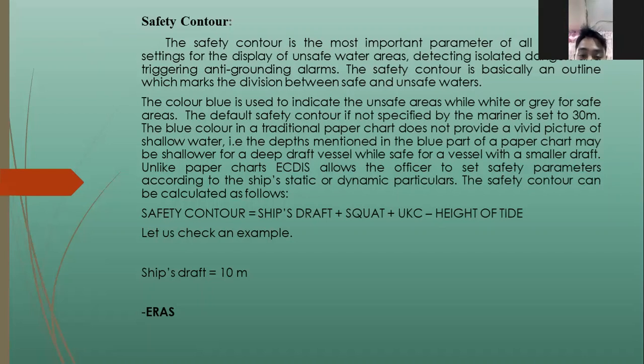Unlike paper charts, ECDIS allows the officer to set safety parameters. According to the ship's static or dynamic particulars, the safety contour can be calculated as follows: safety contour equals ship draft plus squat plus UKC minus height of tide.